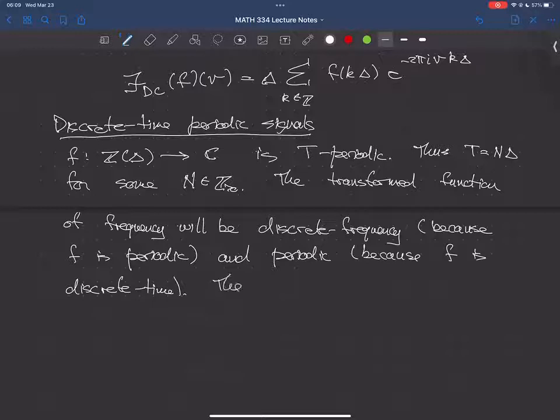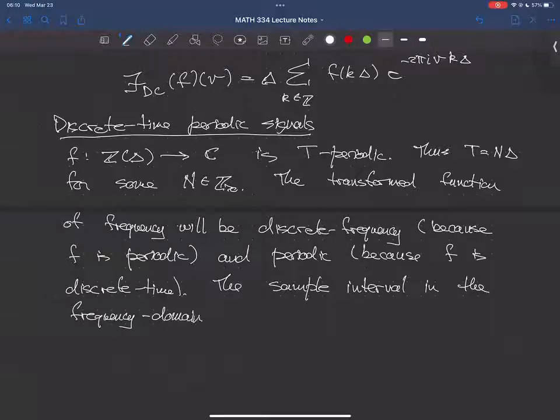So the sample interval in the frequency domain is integer multiples of the period, which is integer multiples of N delta. Yes, the period is N delta. So that's what the sampling interval is going to be.